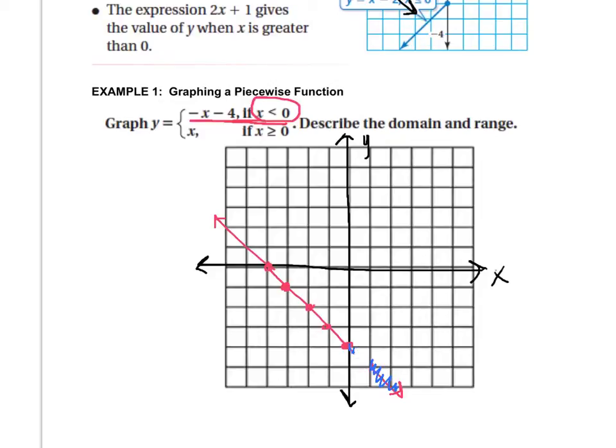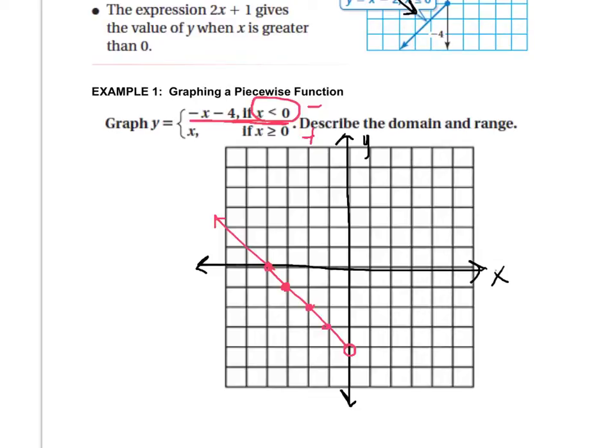So I'm going to erase this whole part of my line. And I'm also going to change that 0 to an open circle because, according to the rules, I'm not allowed to include 0. So I'm using all the negative numbers here, and when I do the other one, I'll get all the positive numbers, including 0. So this line shows me the line negative x minus 4, but it only includes negative x values.